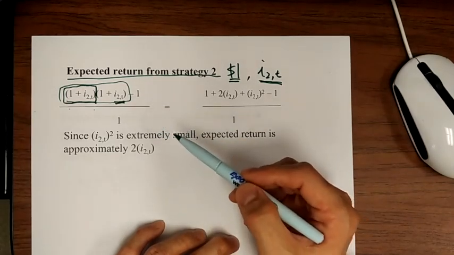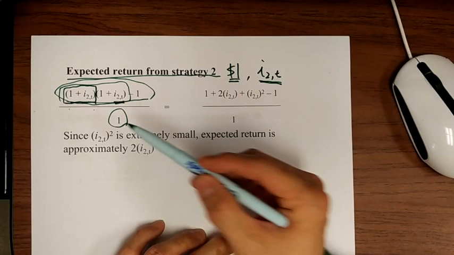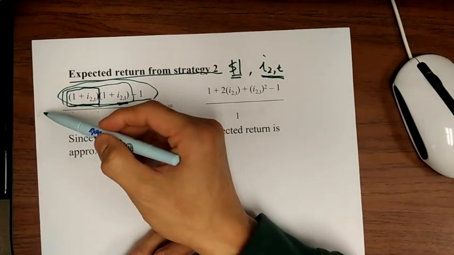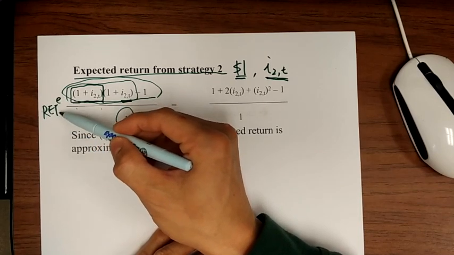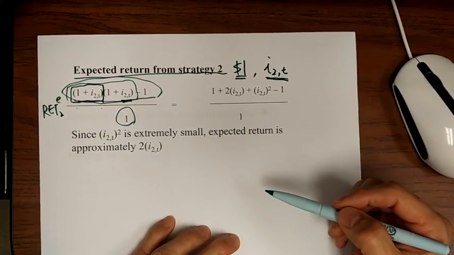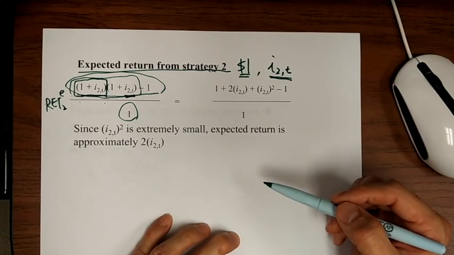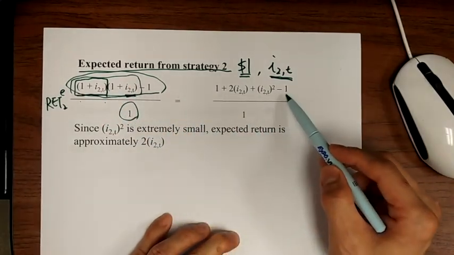Minus your initial investment, this is the money you earn out of your initial investment. Therefore, this is your expected return for strategy number 2. Do the same thing. You multiply it out.